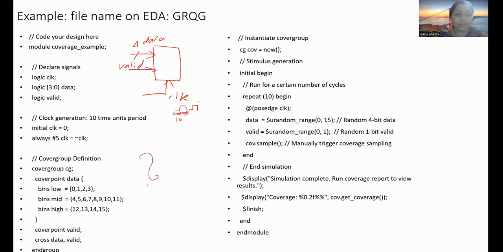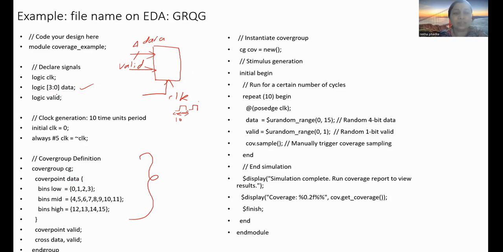Now I'm mentioning the covergroup for this particular module, or for the DUT I have mentioned here, with the covergroup name cg. Then inside, I have to mention in the coverpoint all the variables and their associated bins. My first variable is data, so that is in the coverpoint.